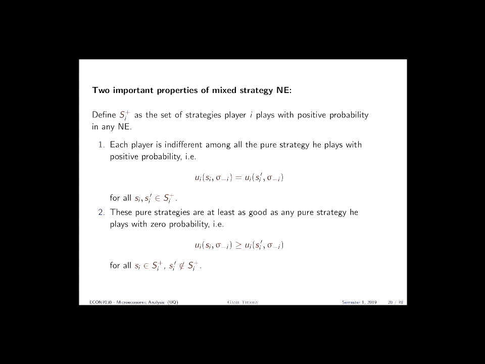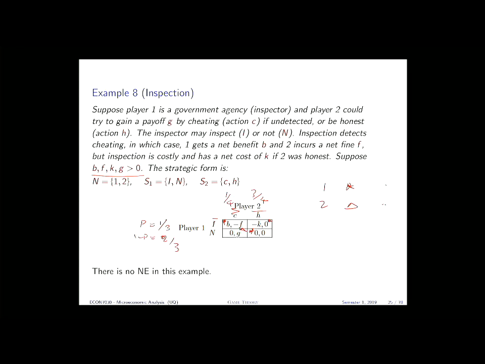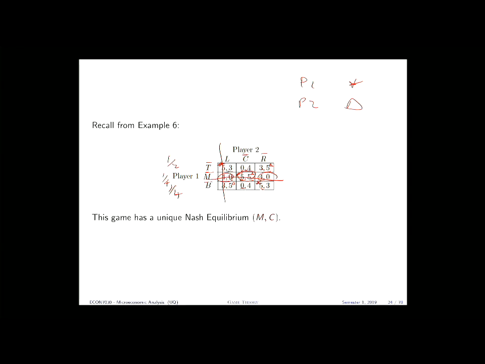For instance, here when I say a quarter, quarter, half, half, quarter, quarter, this means that S_i plus is the same as S_i. Did you get what I mean? S_i is T, M, B. Okay? Now, S_i plus is the set of strategies that is played with positive probability. Now, all of these probabilities are positive. Therefore, S_i plus is the same as S_i in this particular example.